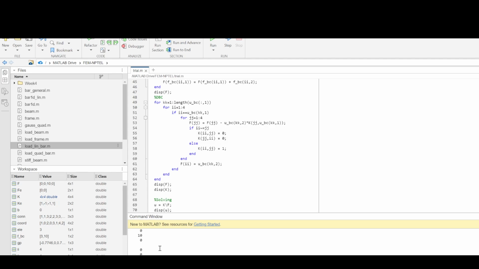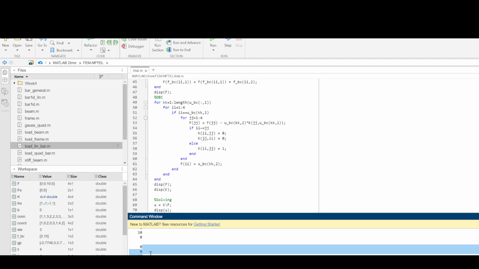So we have our F as 0, 0, 1, 0. That's expected. Since we have applied the Dirichlet boundary condition on nodes 1 and 2, our row 1, column 1 and row 2, column 2 would look like this. We will have only something left in the last two rows and columns.